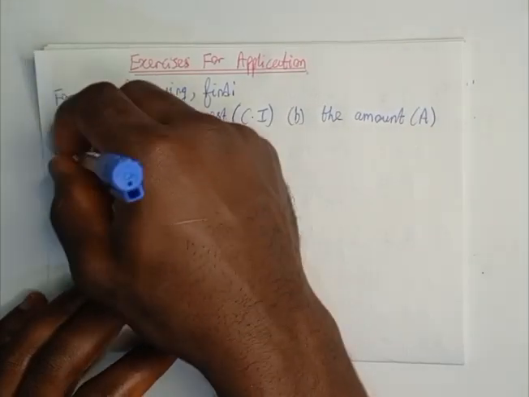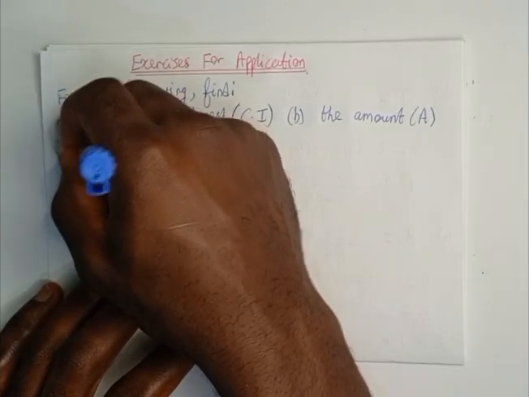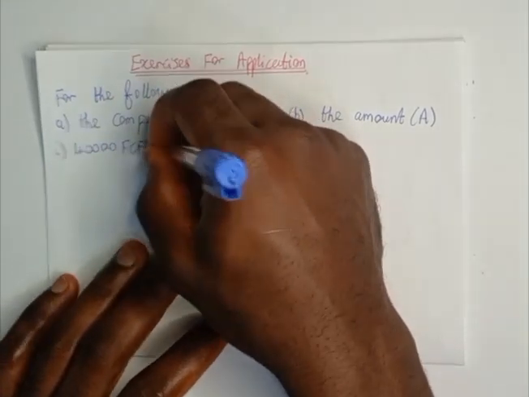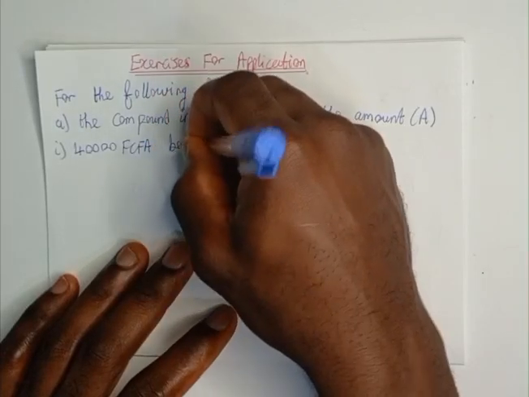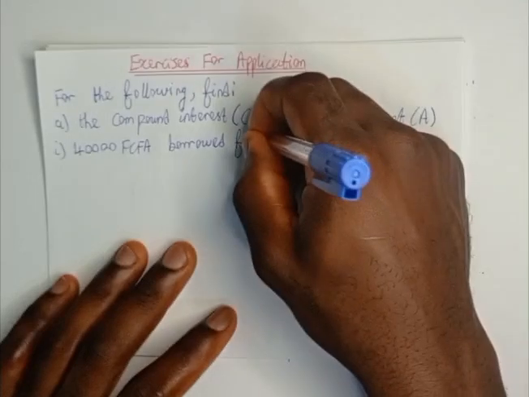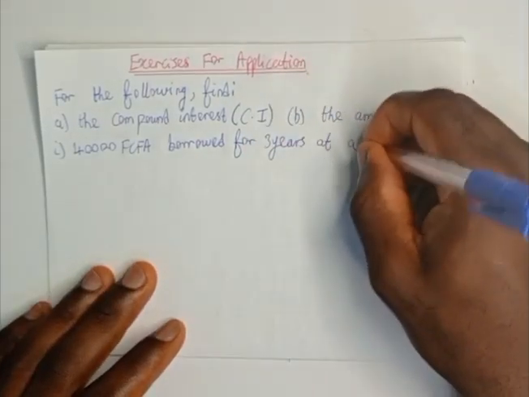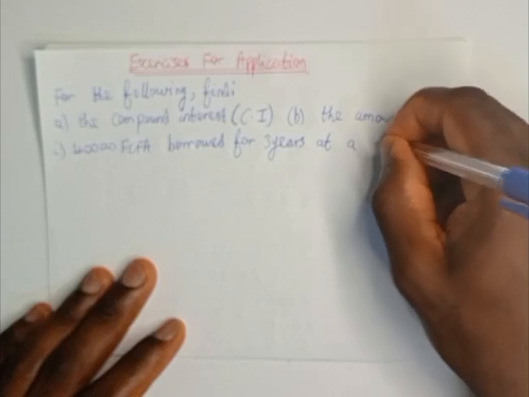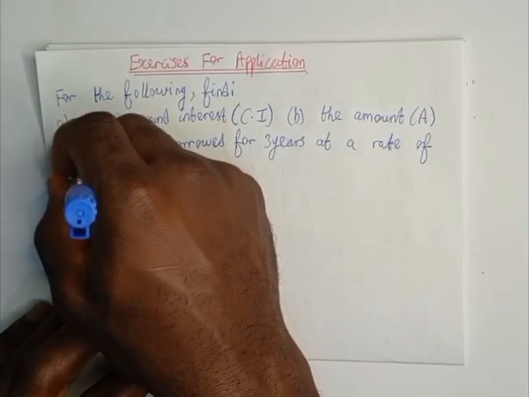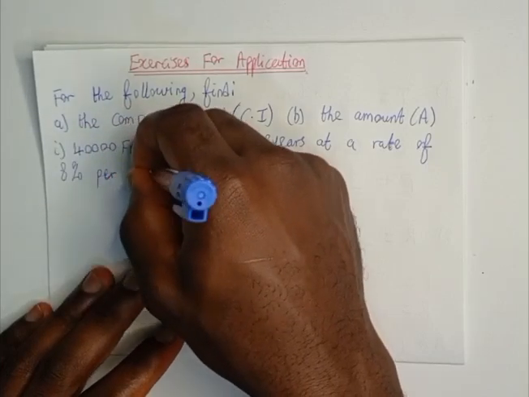Question 1, we have 40,000 francs CFA borrowed for 3 years at a rate of 8% per annum.